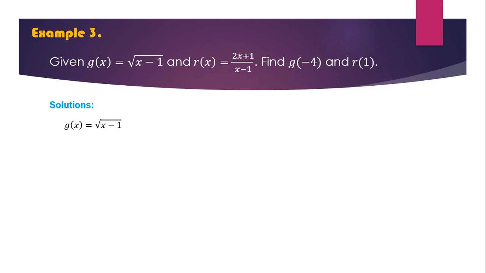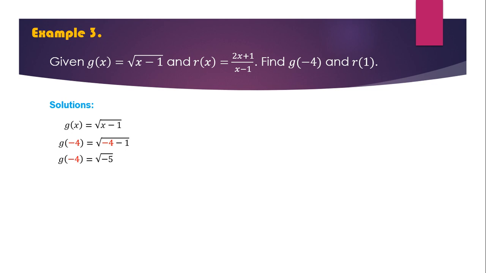We're going to evaluate that at x equals negative 4. So simply replace x with negative 4. It becomes g of negative 4 equals to the square root of negative 4 minus 1. So negative 4 minus 1, it becomes g of negative 4 equals square root of negative 5.